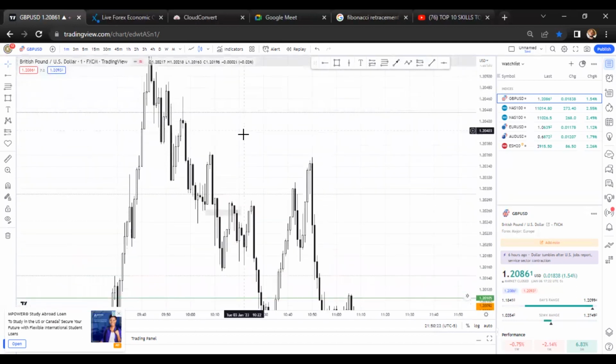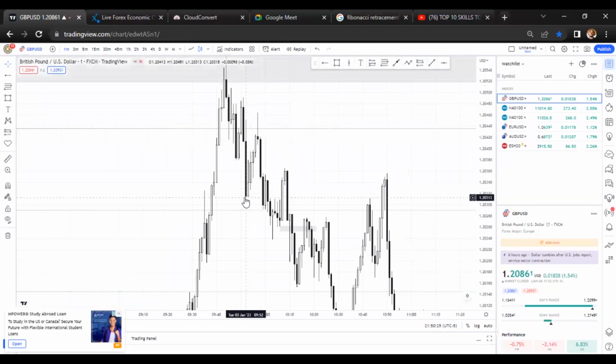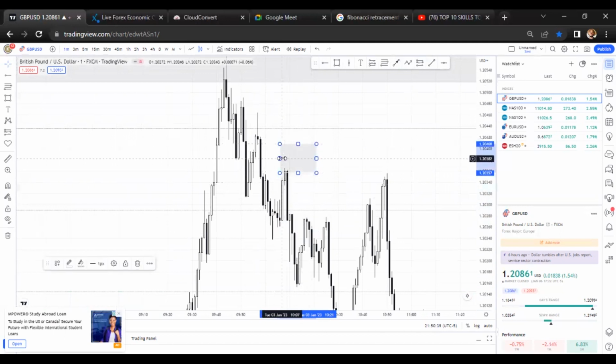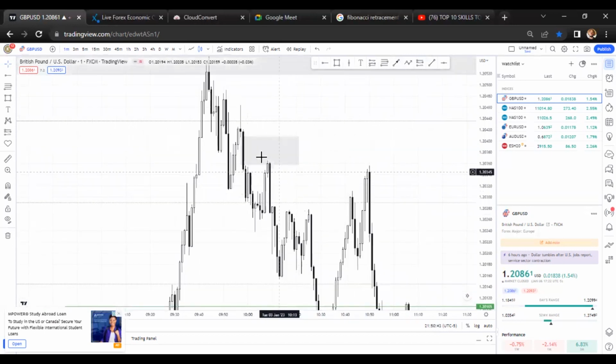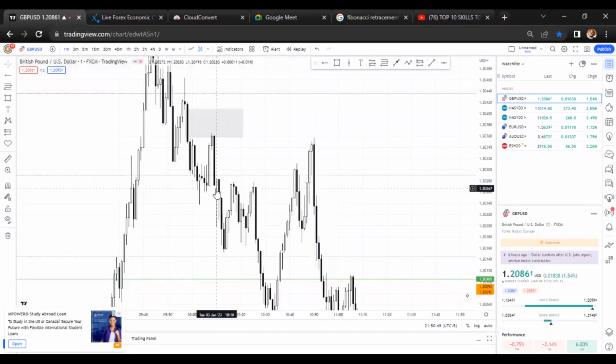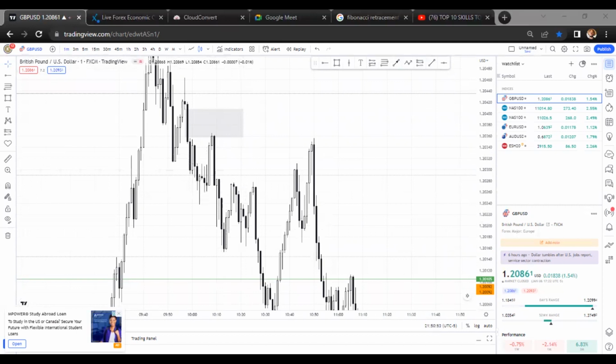So this is where I took my entry from. After I cleared this first low, it came back up. I see it. It came back up and gave a nice entry. I think this was where I entered from. Okay, this lower side, I did not enter from here. All right, either here or here. I cannot remember vividly.